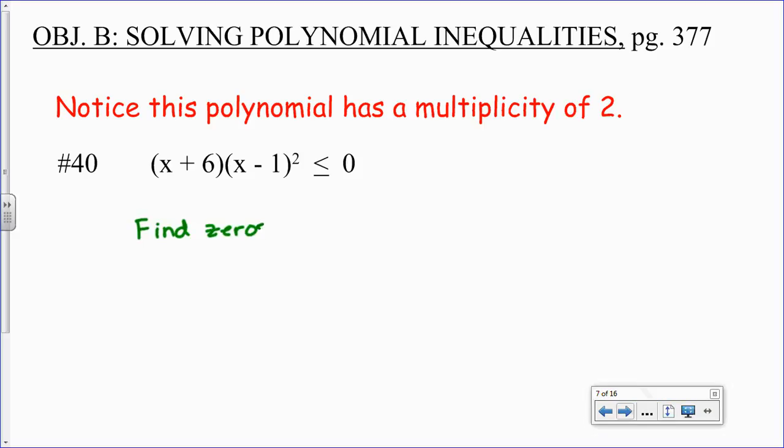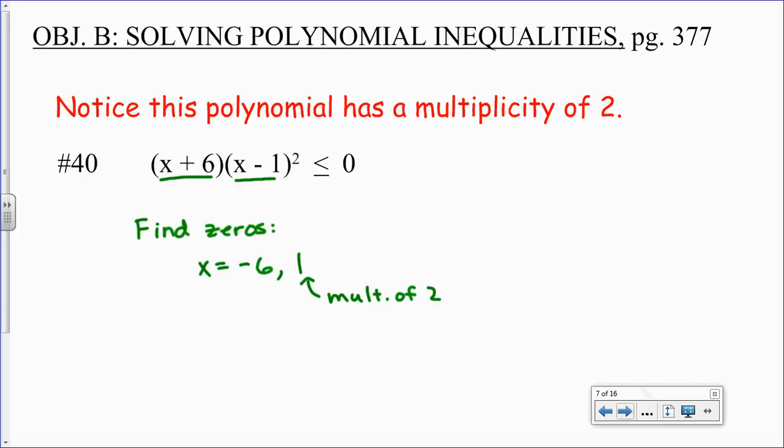So when it's in factored form, it's pretty easy to find. I have a 0 at -6 and 1 and 1. So 1 has a multiplicity of 2.